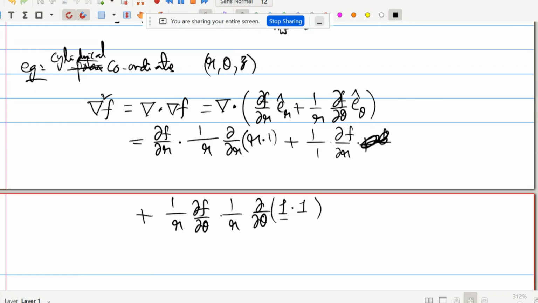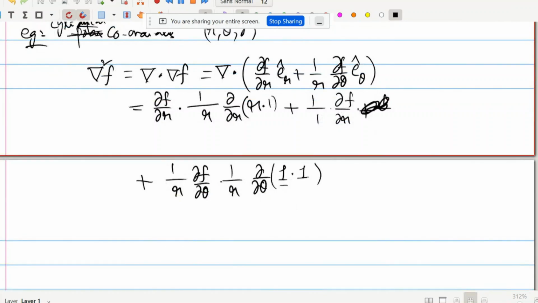HR is 1, HZ is 1. What is HZ? You have dx square plus dy square plus dz square.